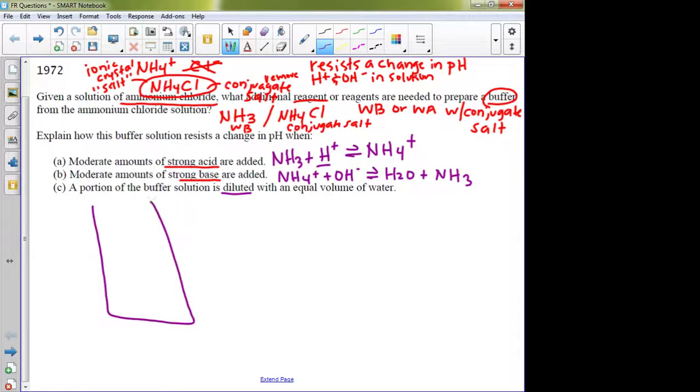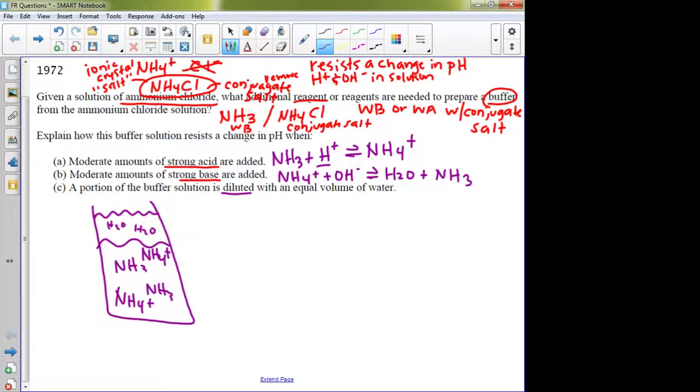I'm going to draw again just so we can see it, okay? So I've got NH3, NH3, NH4 positive, NH4 positive, right? So do I have a good buffer going right now? Yes. Can I neutralize an acid and a base? Yes. Okay. If I add water in here, now I added some extra H2O.